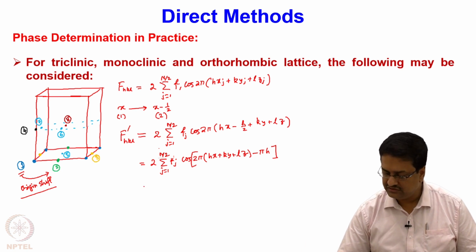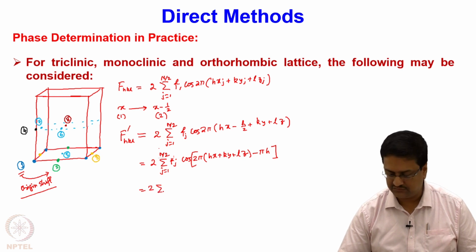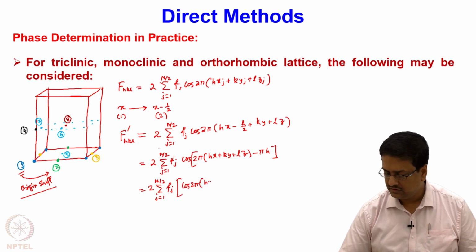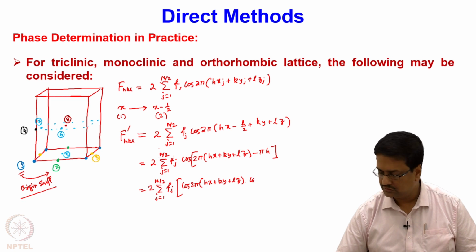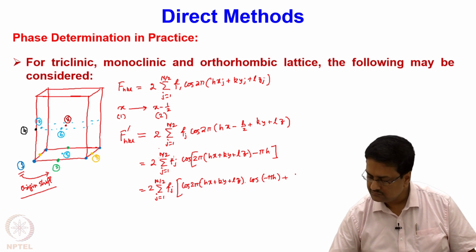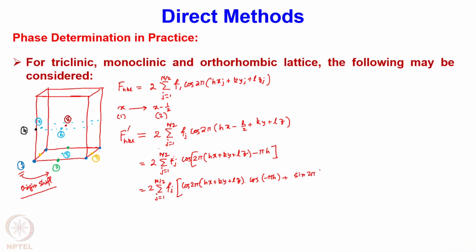So this can then be rewritten as 2 times the sum over j equal to 1 to n by 2 of Fj [cos 2 pi (Hx plus Ky plus Lz) into cos minus pi h plus sin 2 pi (hx plus ky plus lz) into sin minus pi h].